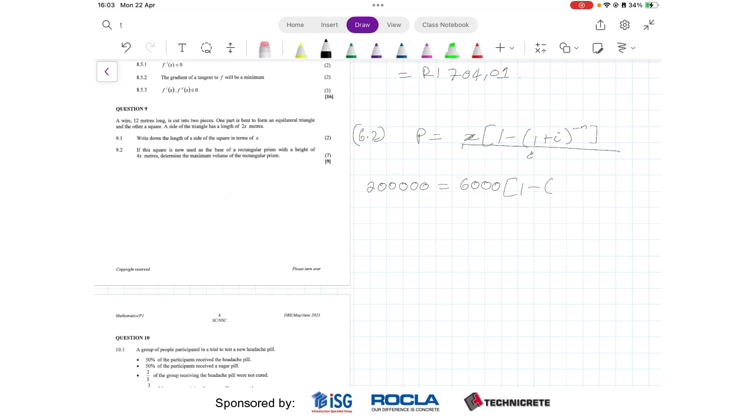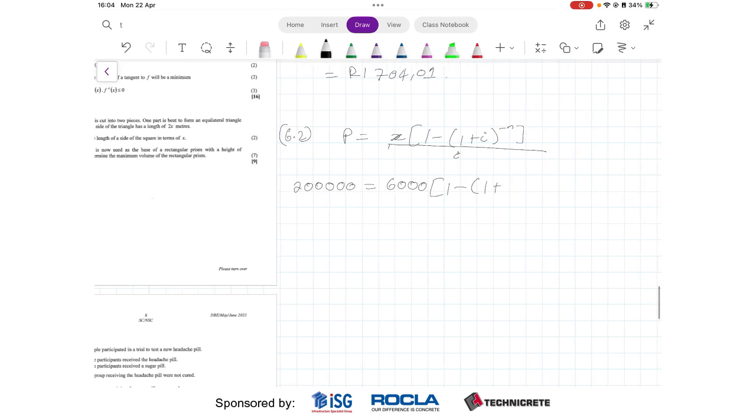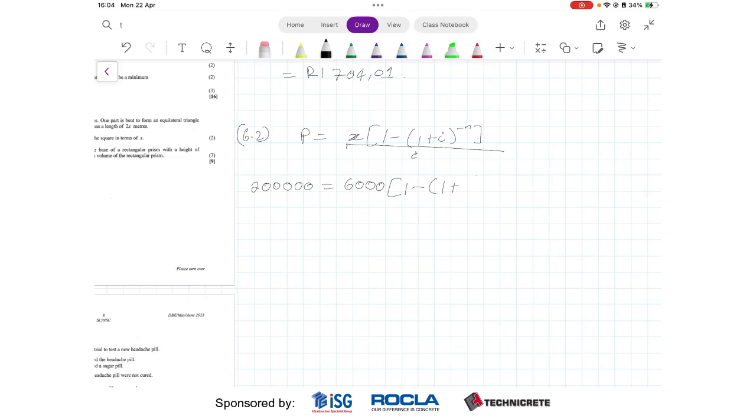1 minus 1 plus our interest rate, which is 5.25% compounded quarterly, so that's 5.25 over 100 divided by 4, all to the power minus 4 into n.